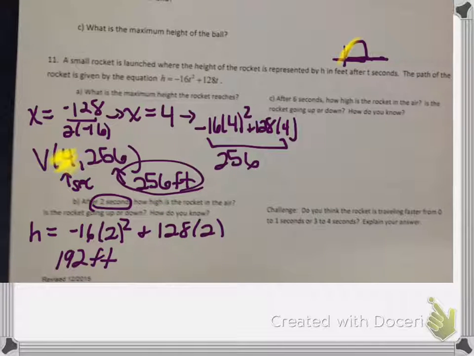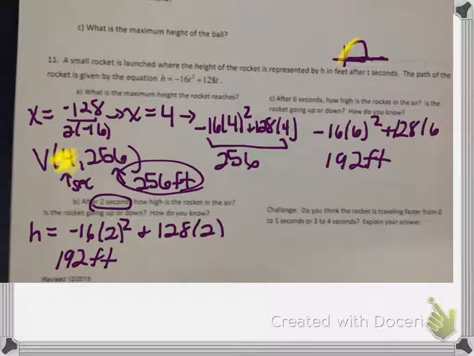I do the same process in part C, except I plug 6 in. So negative 16 times 6 squared plus 128 times 6. So I'm going to quick re-enter that in my calculator. And I get 192 again.